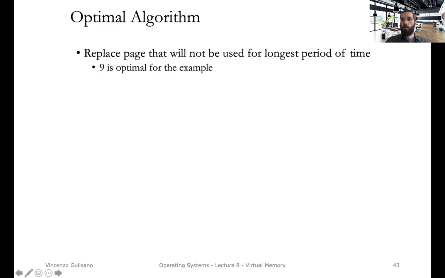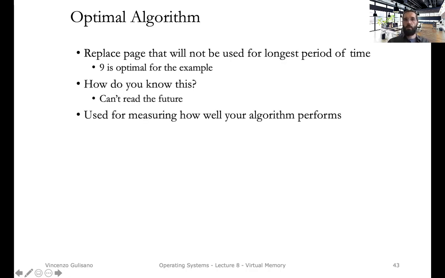If you have to replace a page, you should replace the one that will not be used for the longest period of time. If you do this for our reference string, you will see that 9 is the lowest number of page faults you can get with 3 frames that you can use for the process.